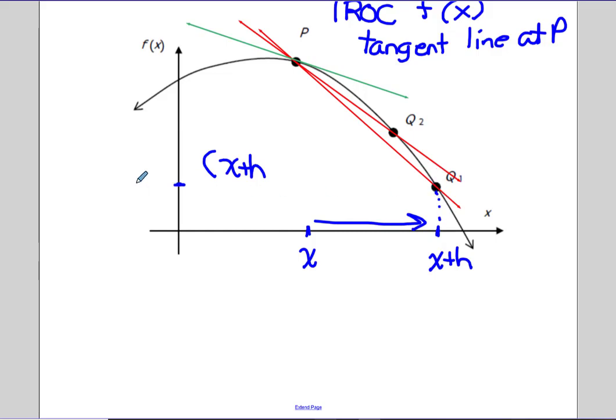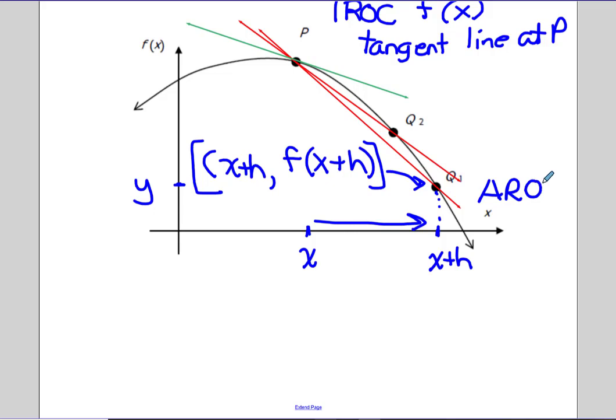And then over here, this y value would be f of x plus h. So that's this ordered pair here, right? And this first line is going to be called the average rate of change, or the secant line, through point Q sub 1.